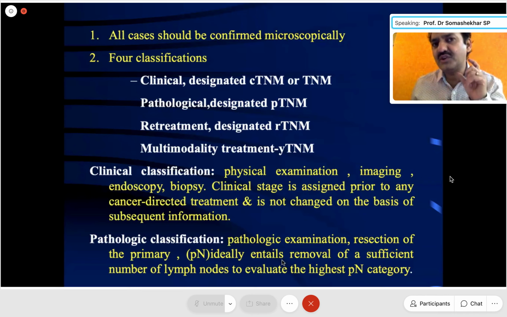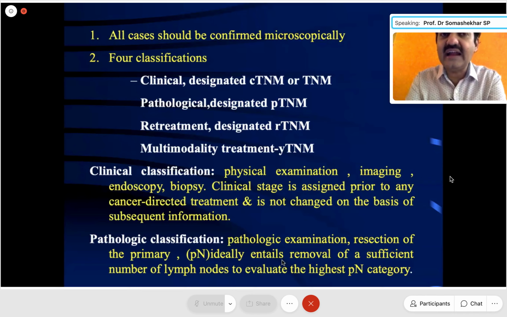When you have SOHND, the minimum nodes for staging is 6. When you do MND, the minimum node removal is 12. In radical cholecystectomy, the staging node number as per AJCC is 3. When it is positive, therapeutic, 7. So don't confuse between both. Staging is different, therapeutic is different.